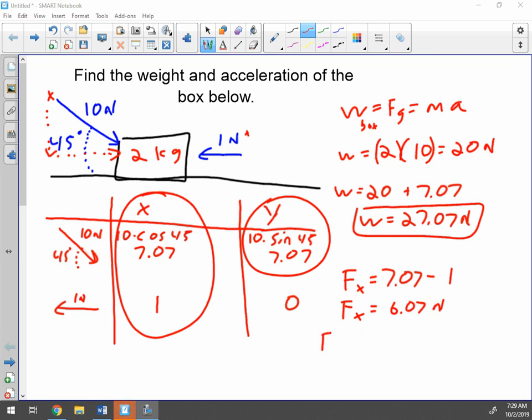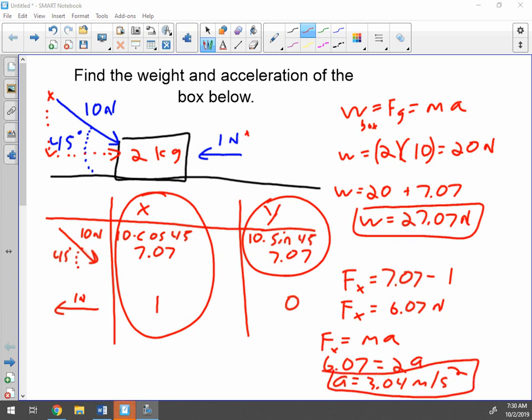And so we can use that to find the acceleration. So we're going to use just the x part. So it would be 6.07 equals 2a. We can divide both sides by 2, and we get an answer of 3.04 meters per second squared.